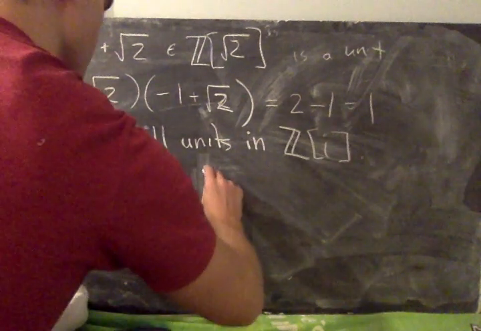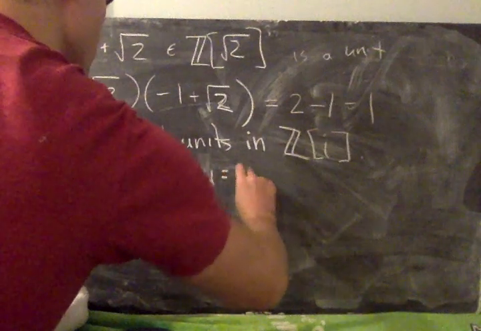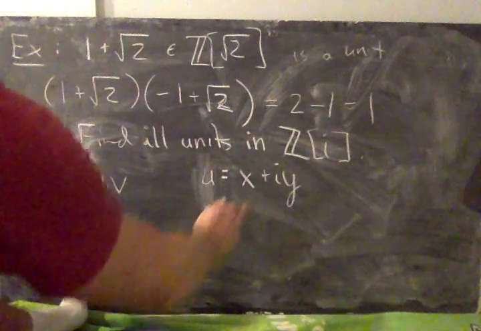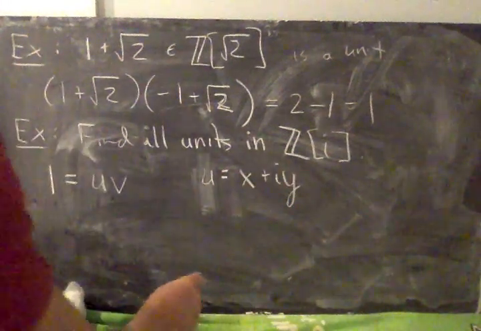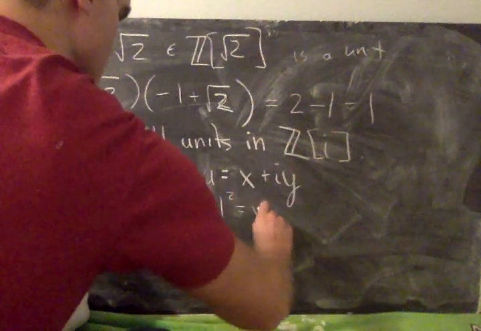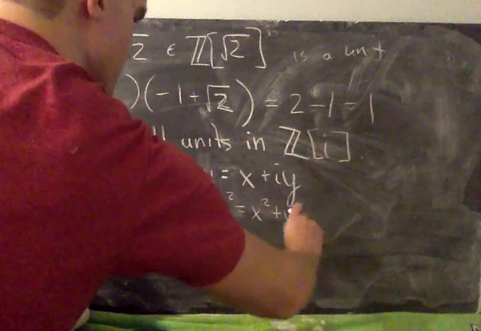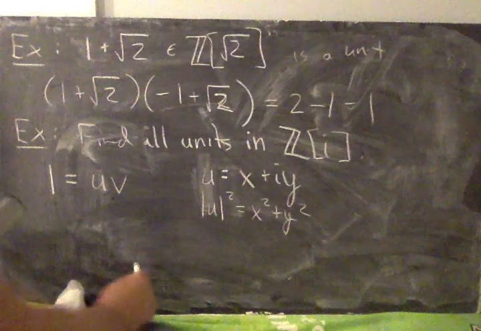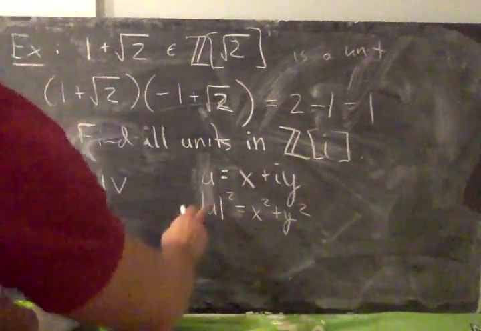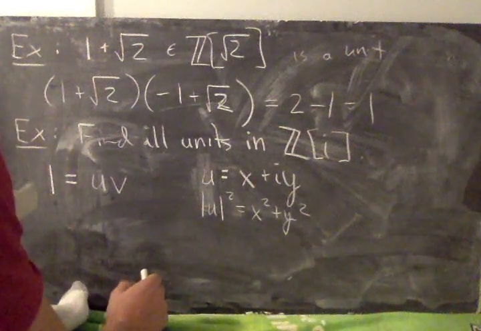If u is x plus i y, and this works in general for a complex number, where x and y are real, not necessarily integers, then the norm squared is x squared plus y squared. Geometrically, if you think of this as a point in the plane, this is the squared distance of this point from the origin.